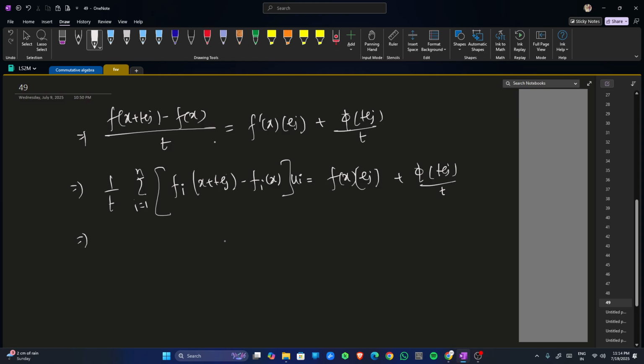Now take the limit t tending to 0. Don't put the limit inside, we don't know whether the limit exists or not.